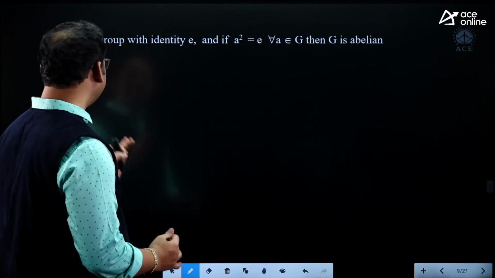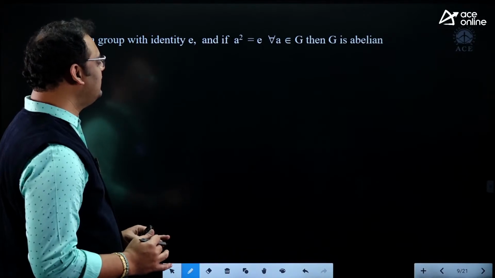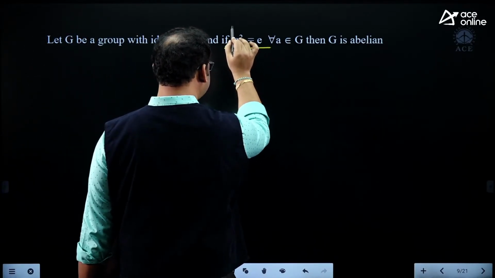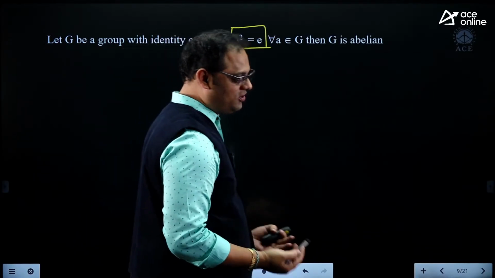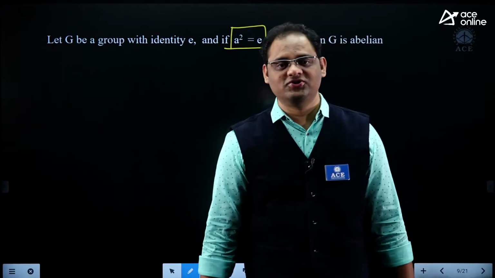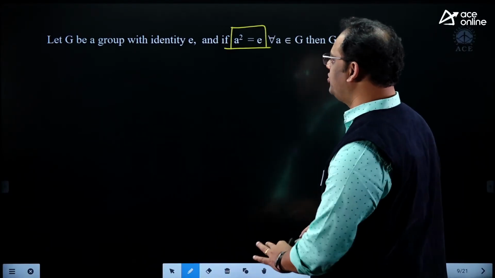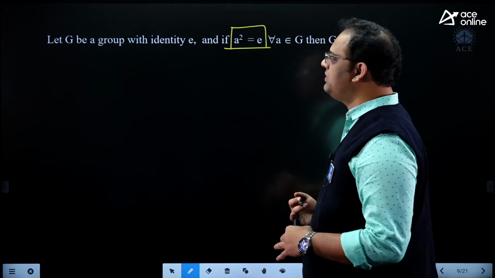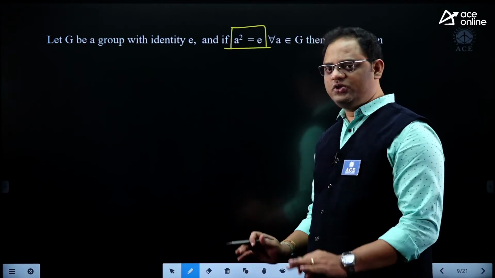Have a look. Let G be a group with identity element E. If A square is equal to identity for all A belonging to G, not some A, for every A belonging to G, then G is known as abelian. This is a property of a group, and we want to take it as a theorem and prove it.